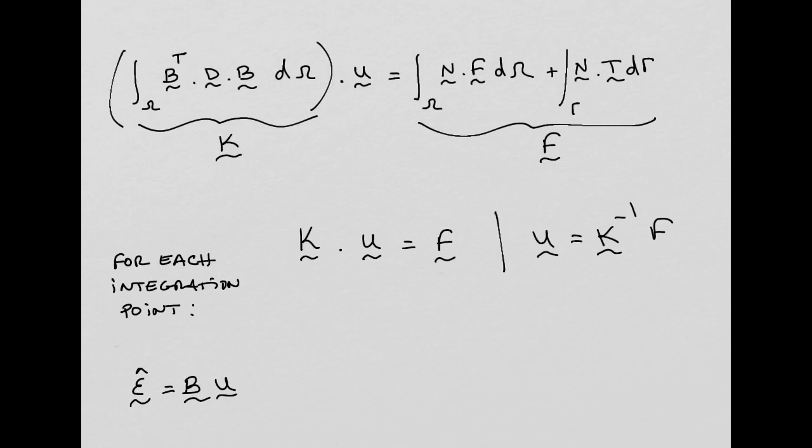Once you get the strain, you calculate the stress field by using Hooke's law. So that's what you'll get in your FEA. You get the displacement field first by solving a linear system of equations, and then for each element and for each integration point of each element, you calculate the strain from the displacement field and you calculate the stress from Hooke's law.